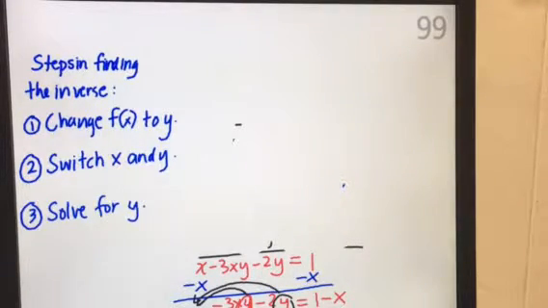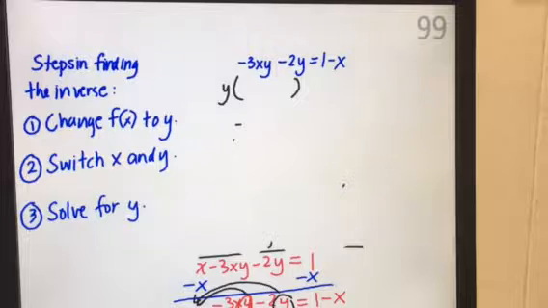Rewriting that on top, we have negative 3xy minus 2y equals 1 minus x. Factoring out that y, we'll have y times negative 3x minus 2 equals 1 minus x.